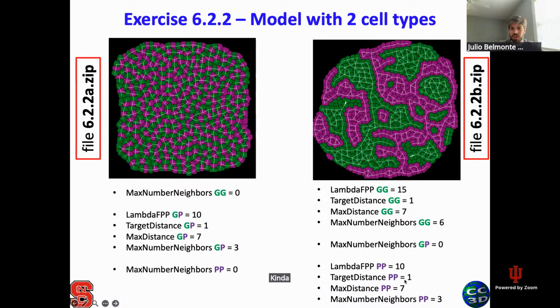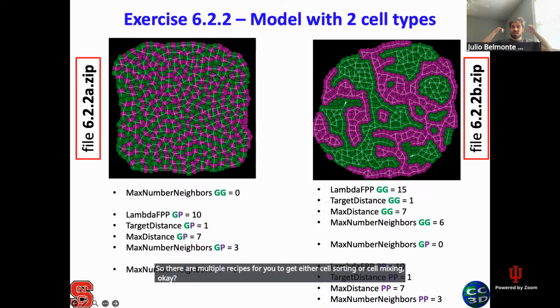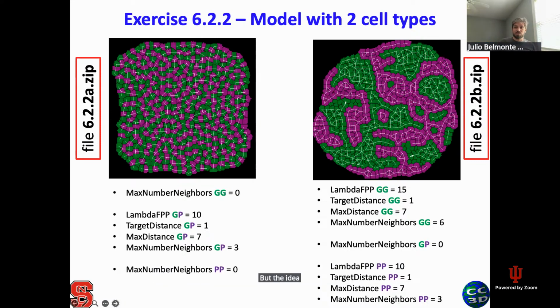It kind of works, but you can also have other solutions like Arteta just showed here, and also Nathaniel and Kyle showed. They all work. So there are multiple recipes for you to get either cell sorting or cell mixing. But the idea of this exercise is to make you more familiar with how links work, how you can manipulate them from the XML.